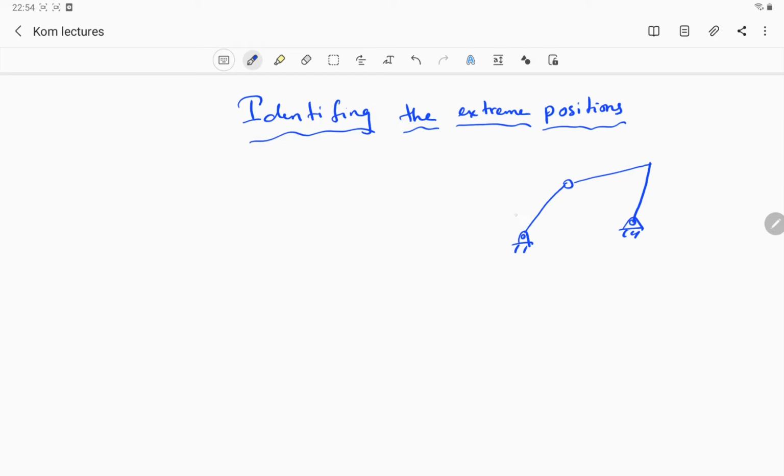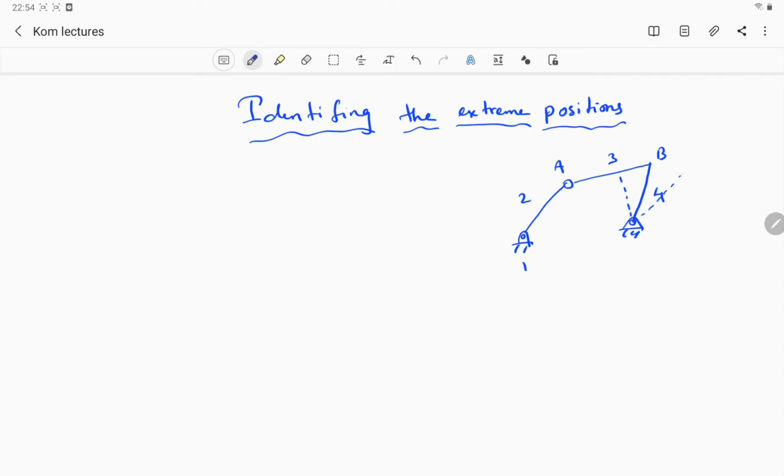Say this is link 1, 2, 3, 4, and this point is A, this point is B. Link 2 will have a complete rotation and link 4 is going to oscillate between this position and this position.